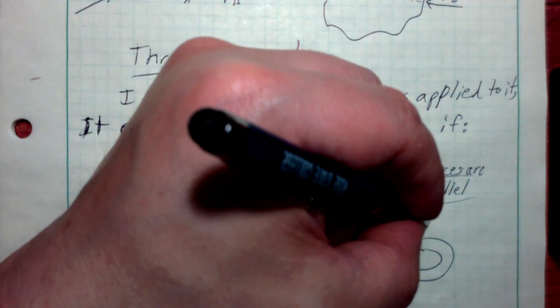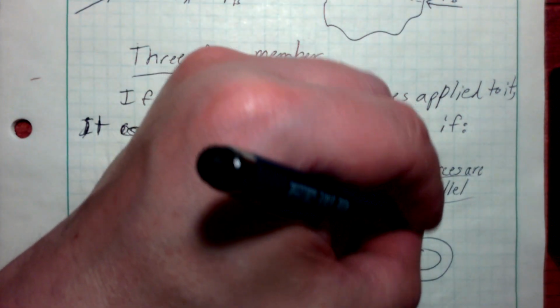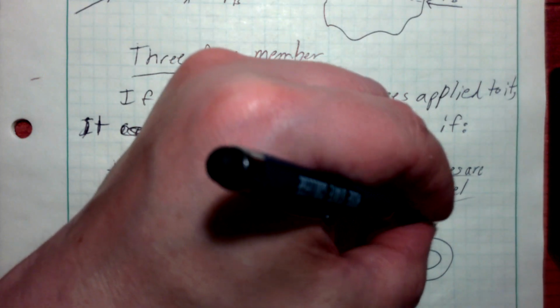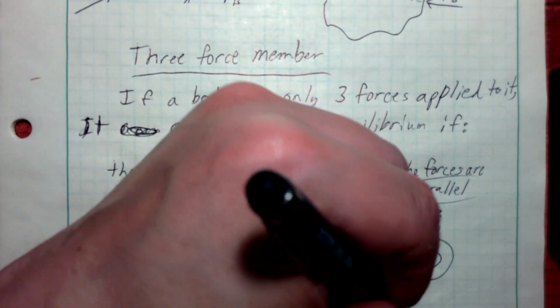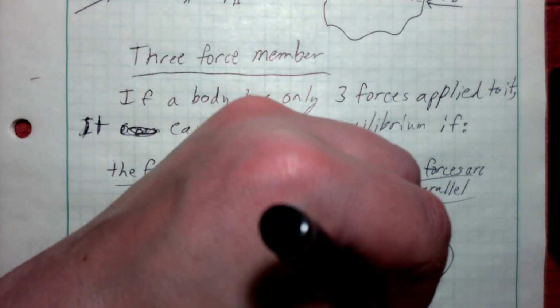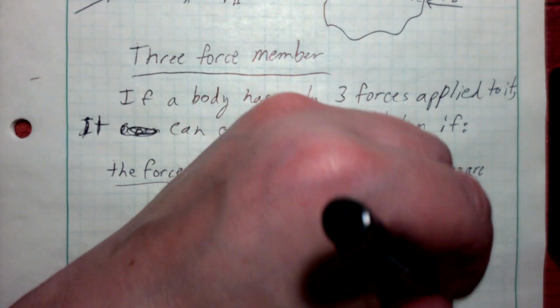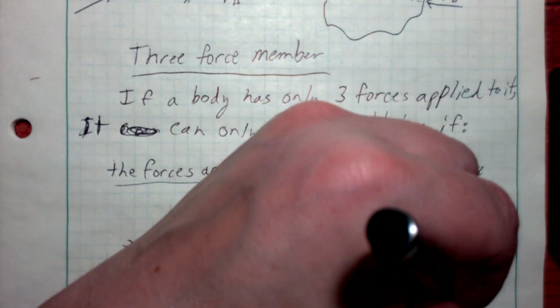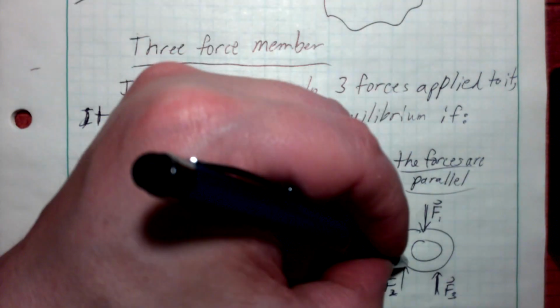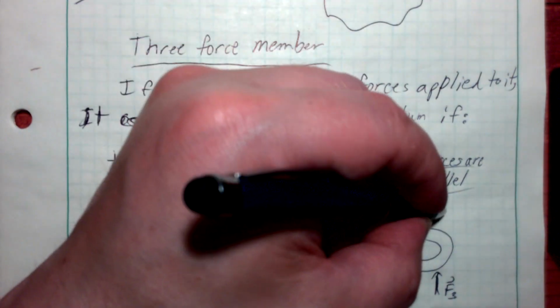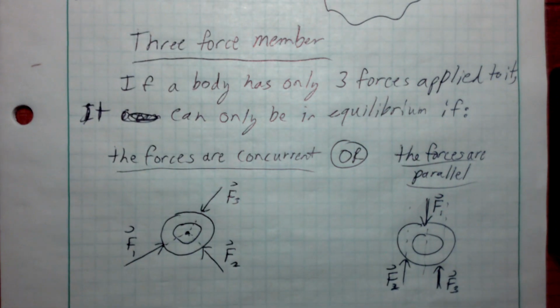So the other way, we can have a system of only three forces, F1, F2, and F3. The only other way three forces and only three forces applied to something can be in equilibrium is if those three forces are parallel.